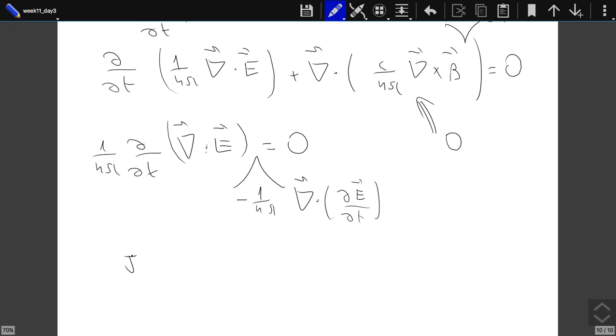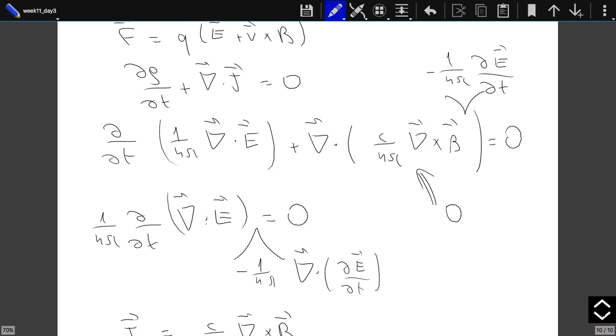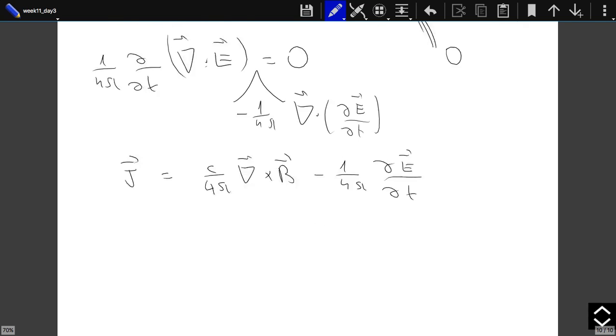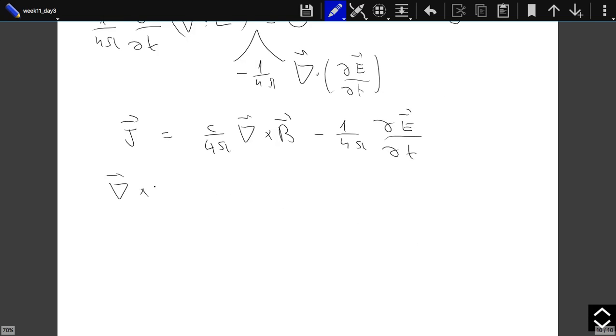Let's say J, before it was C over 4 pi curl of B. Now we are adding this term minus 1 over 4 pi del E by del T. Or curl of B should be equal to 4 pi over C times J plus 1 over C dE by dt.